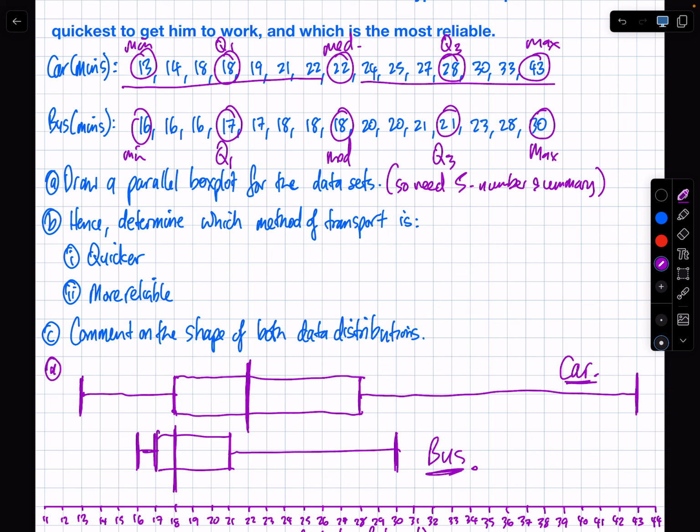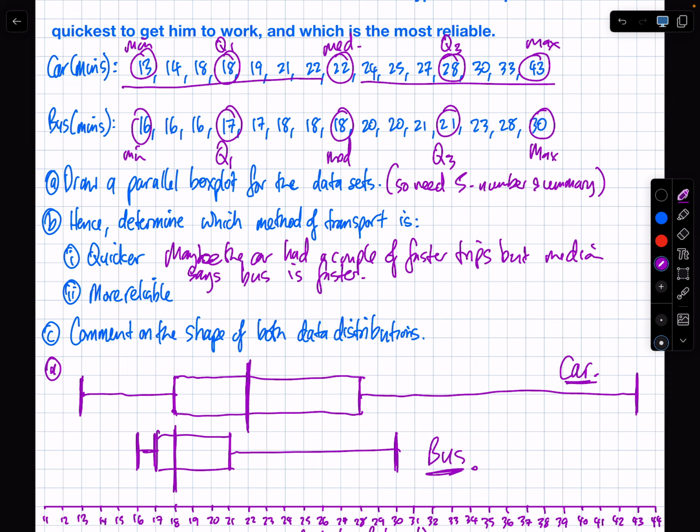So quicker, maybe the car had a couple of faster trips, but median says bus is faster.